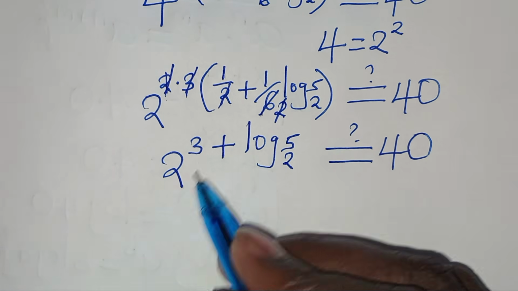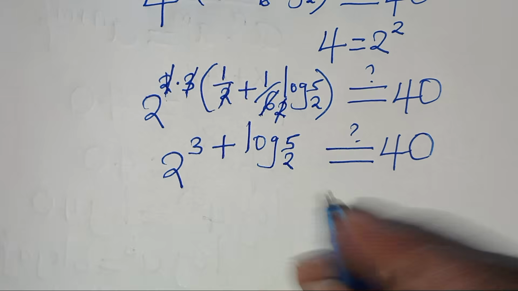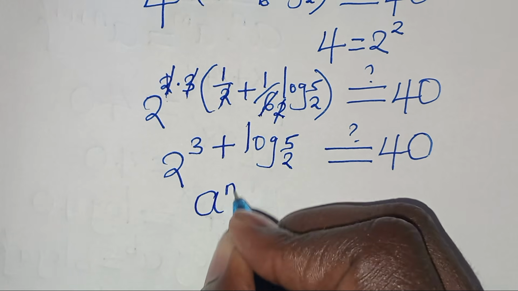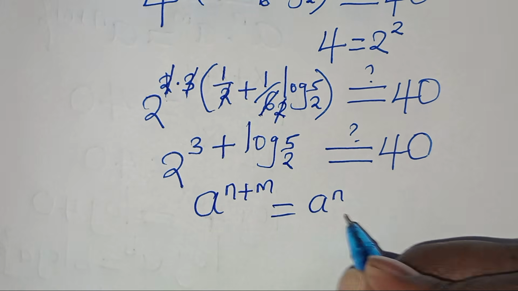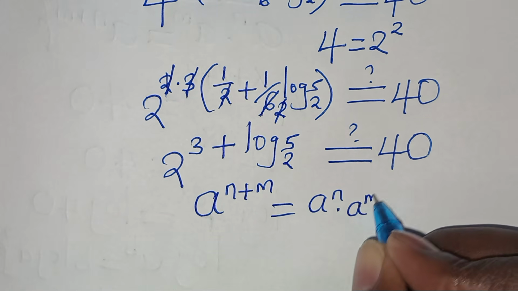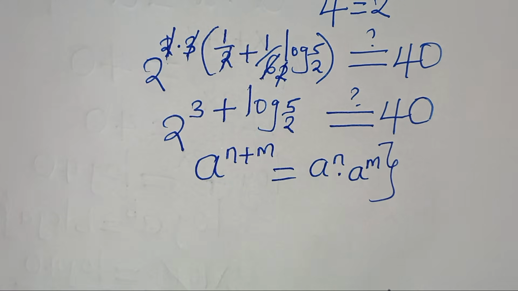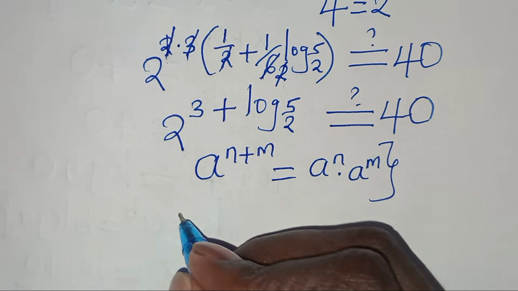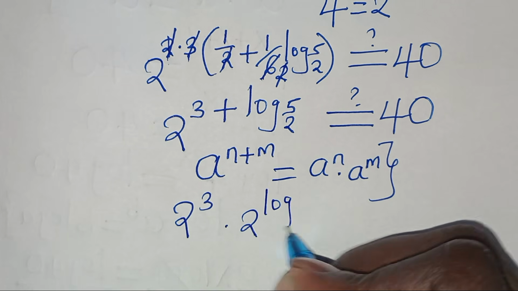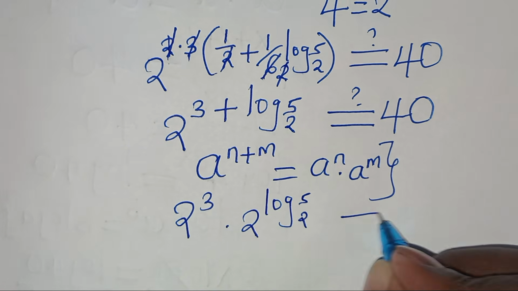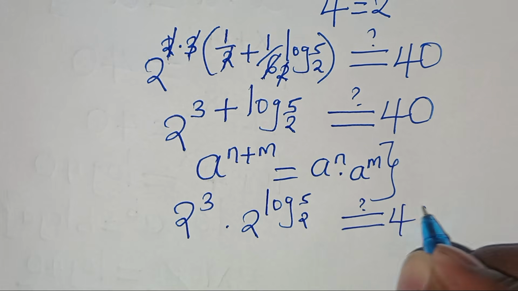Now we have 2 to the power of 3 plus log 5 to base 2. This is of the form a to the power of n plus m, which we can express as a to the power of n multiplied by a to the power of m. Now let's apply this exponent property. So this means we have 2 to the power of 3 times 2 to the power of log 5 to base 2. And this should give us a value of 40.